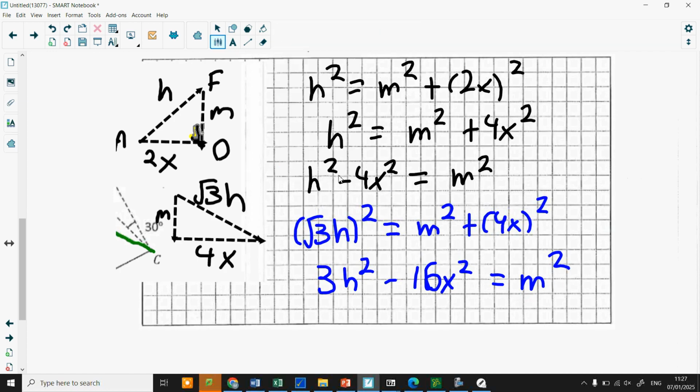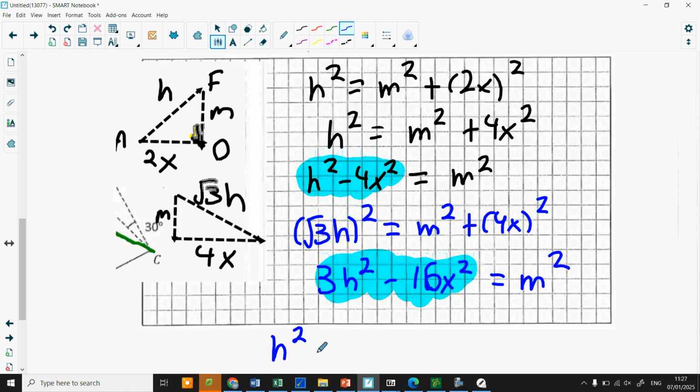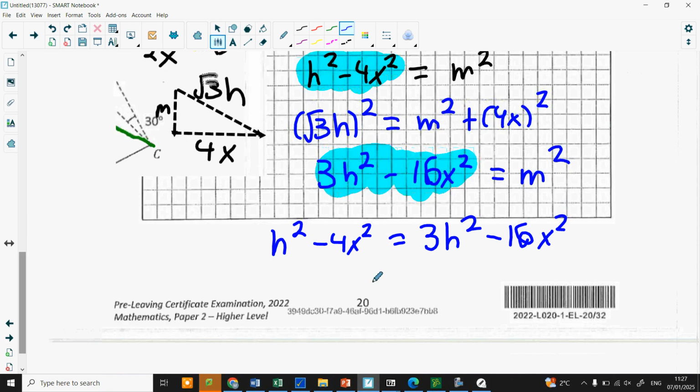Then what can I say? I can say that two of them are equal to each other, aren't they? So I'm going to say that h squared minus 4x squared equals 3h squared minus 16x squared. Move it across, you're going to get 12x squared equals 2h squared.